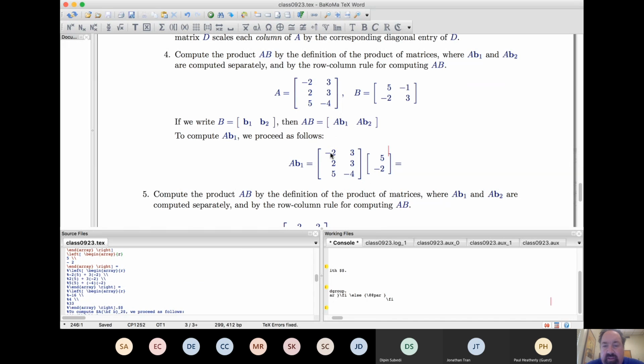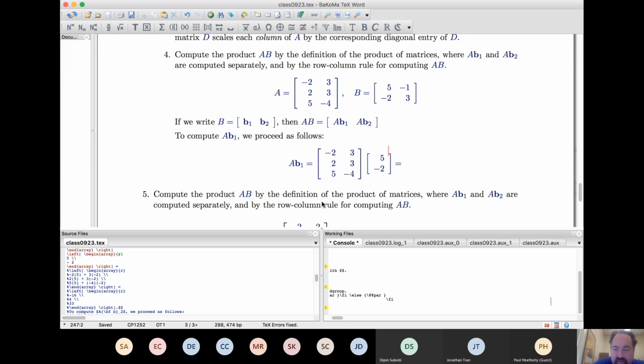So then what I can do is, there's a couple of different ways of looking at this. I can go across this row and down this column to get the first element, and then cross this second row down this one column to get the second element, and then using a third row and its column to get the third element.